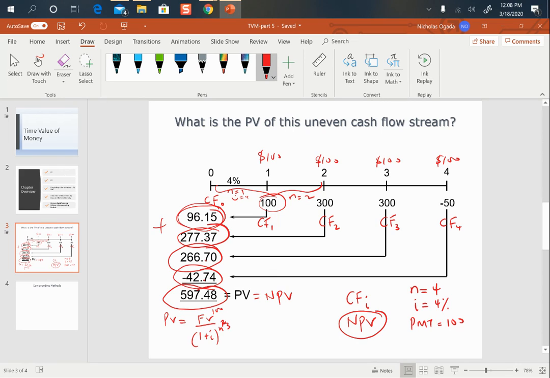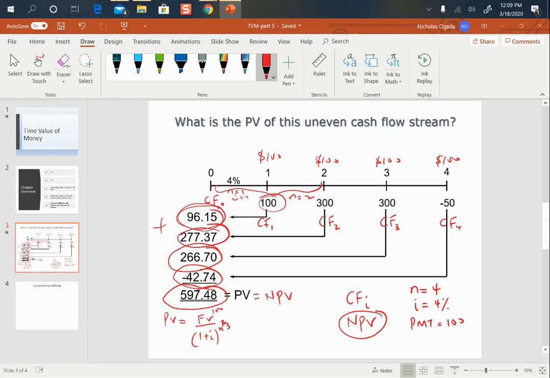So we are going to use that NPV later on, but for now, the NPV can still work if you're trying to determine the present value of this cash flow. In other words, we look at the present value of all the outflows and all the inflows, and we add them together, and that will give us a net present value, which is basically the present value of the inflows and the outflows.